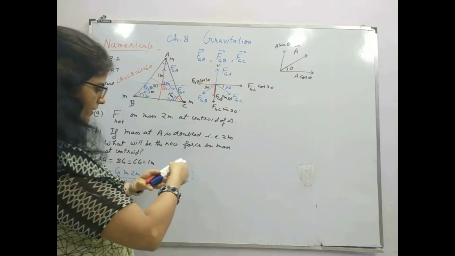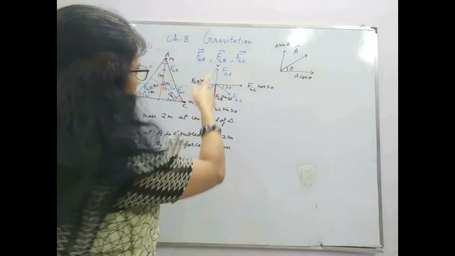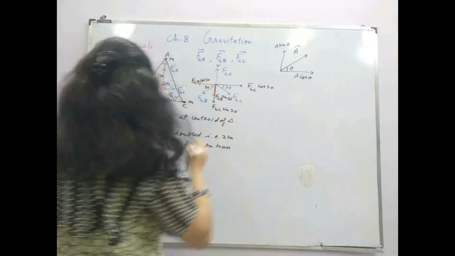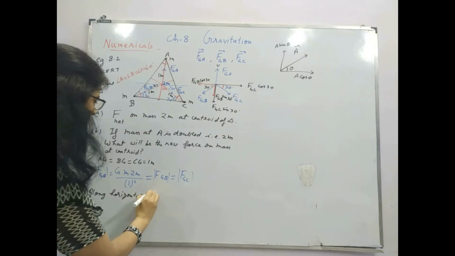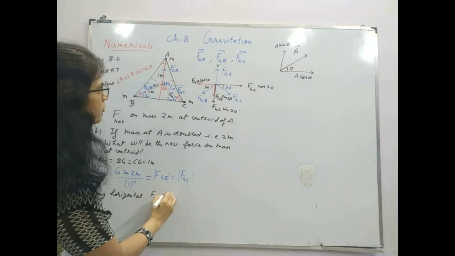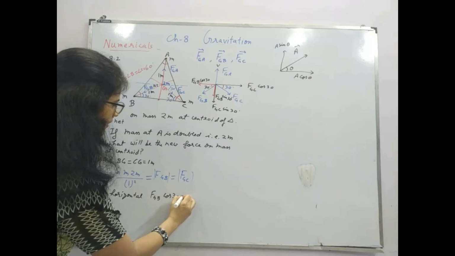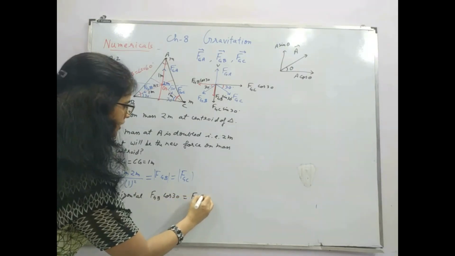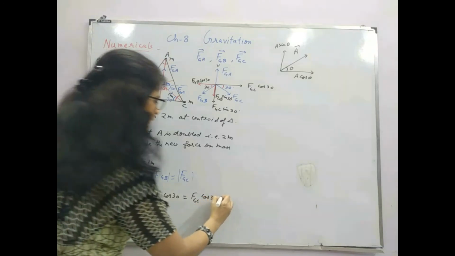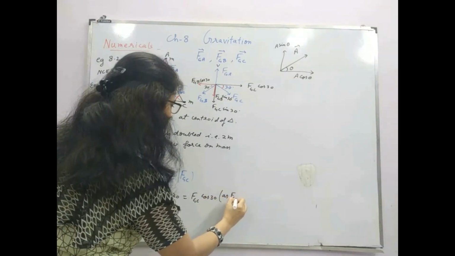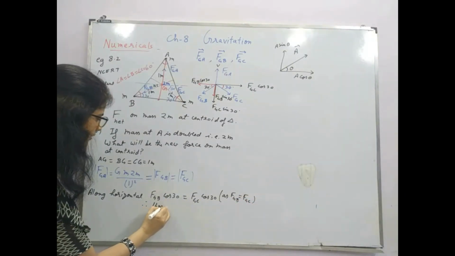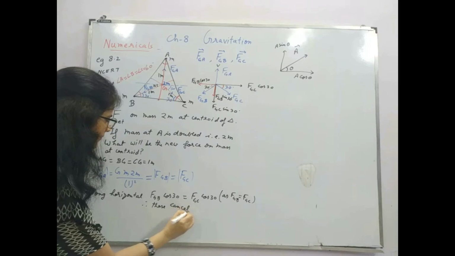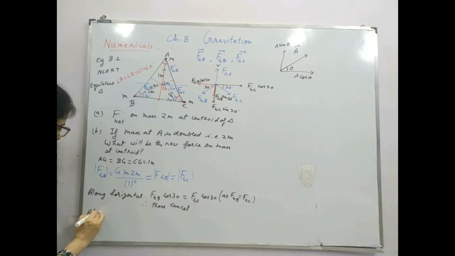Now, if you look at these components along horizontal, FGB cos 30 is equal to FGC cos 30 as FGB is equal to FGC. So therefore these cancel. Let's find along vertical.